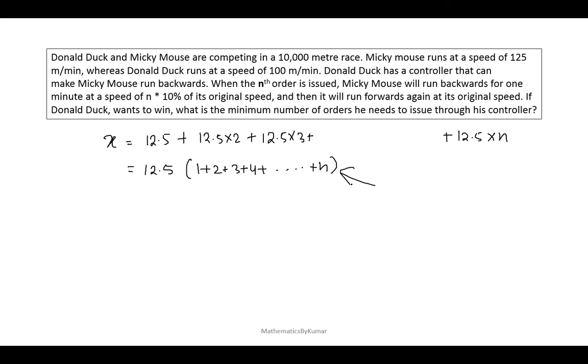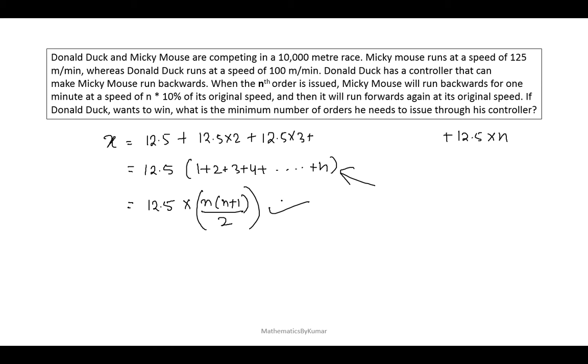This is the formula I was talking about, the sum of n terms. This is equal to 12.5 into n into n plus 1 over 2. So remember this formula.